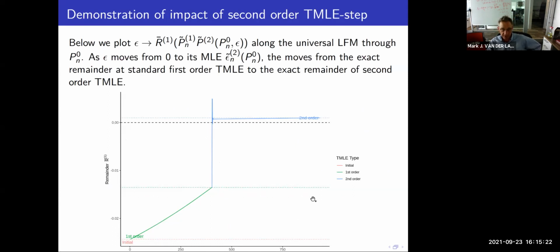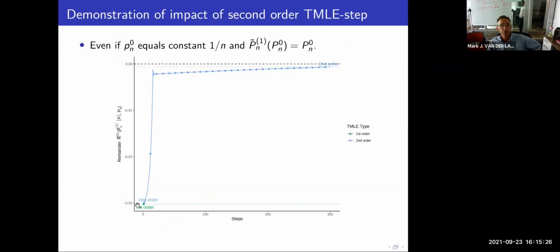So this actually happens in a finite setting. And here's another example where, let's say we made a case where the first order will fail because you start so far away. Nonetheless, once you kick in the second order, it still nails it and gets close to being a perfect remainder so that you can get inference and everything.